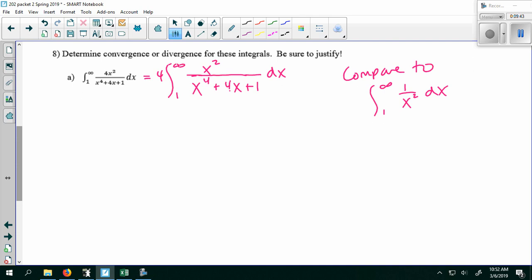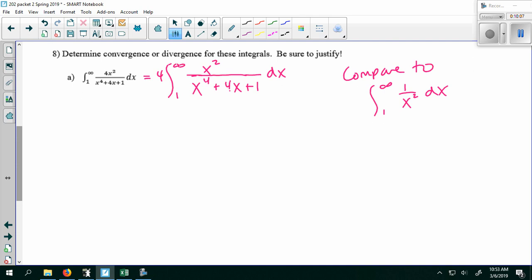So the x squared and x to the 4th are going to be the dominant terms. Think about raising a quadrillion to the 4th power. It's way bigger than 4 times a quadrillion. So the 4x plus 1 is kind of like whatever. When x is really big, it doesn't matter so much. So x squared over x to the fourth reduces to 1 over x squared.